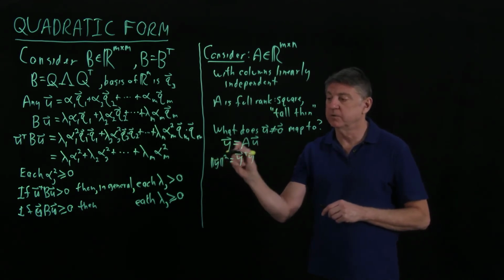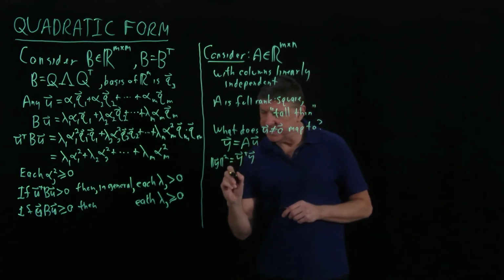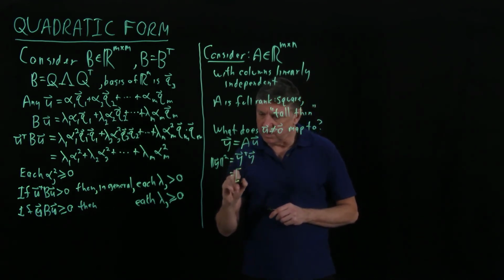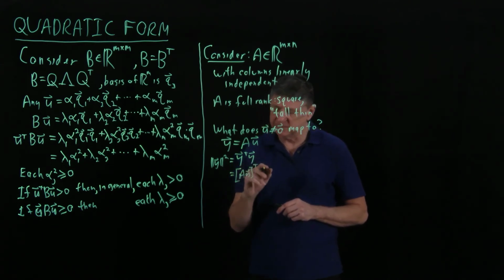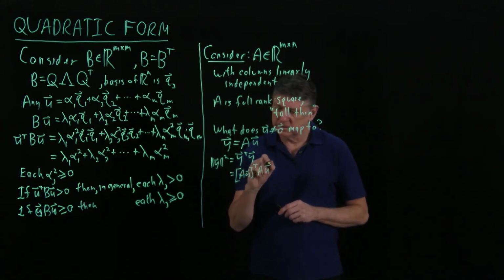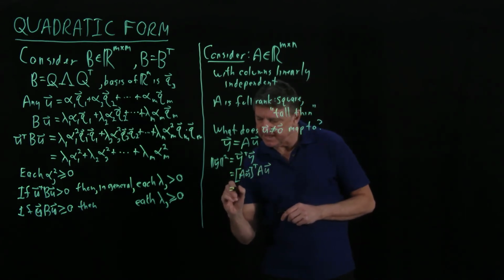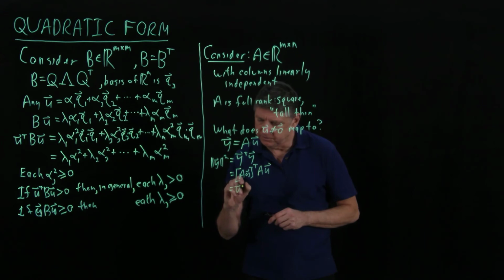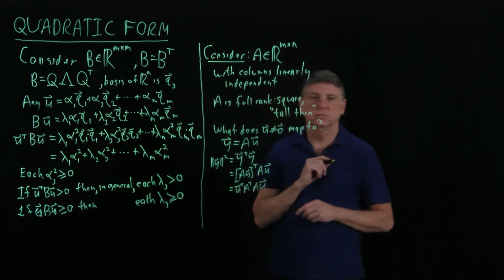And y is A times U, so this is A times U transpose times A times U. By the rule of transposition, that equals U transpose A transpose A U.